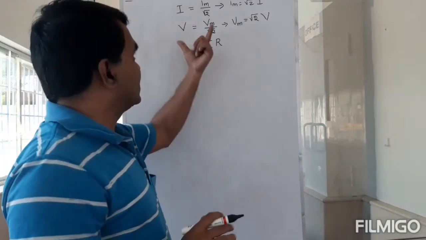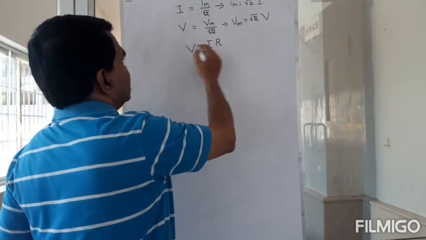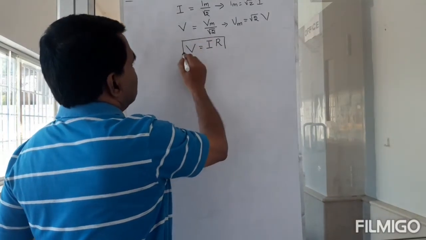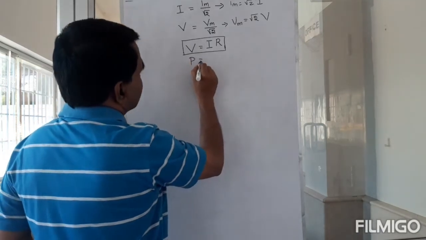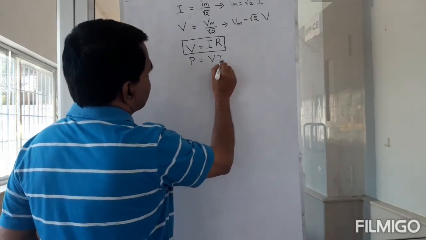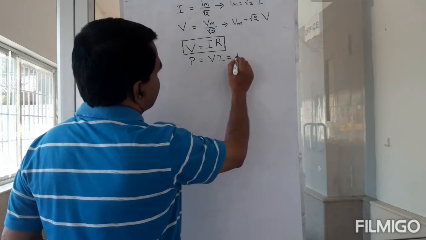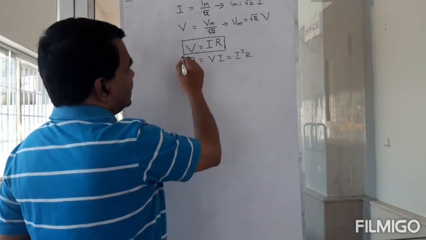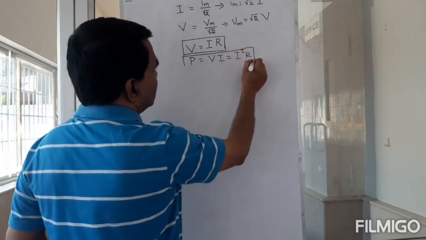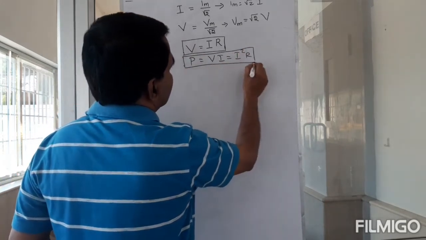V is equal to I R. You can see that this is again like a DC circuit, and then you also know that power is equal to V into I, or that is also equal to I squared R. In this case, the V and I are all RMS values.